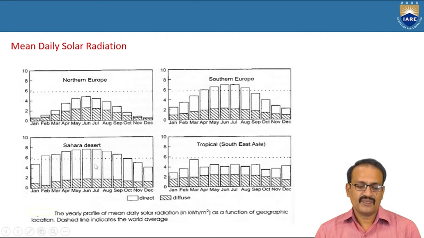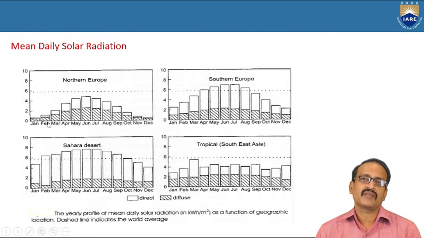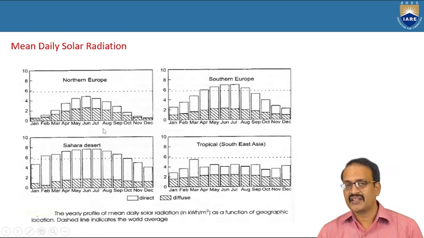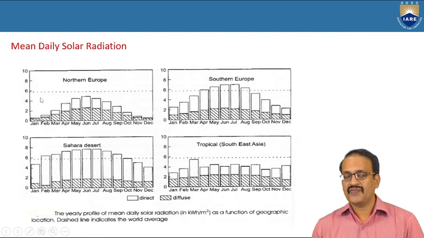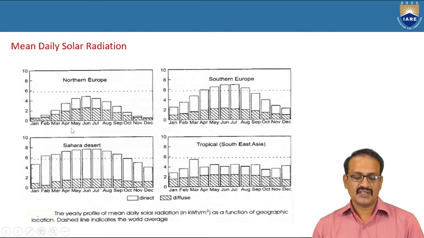In February only a little bit diffuse. In March it is slowly increasing. So they will get very good direct energy without diffusion from May to August.